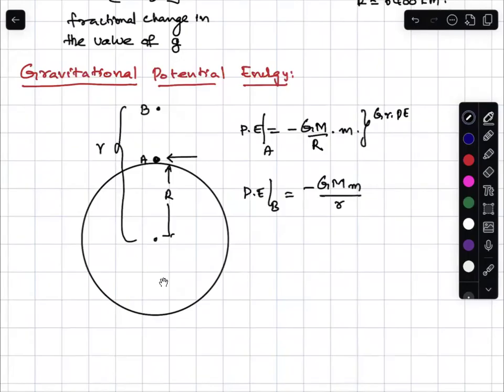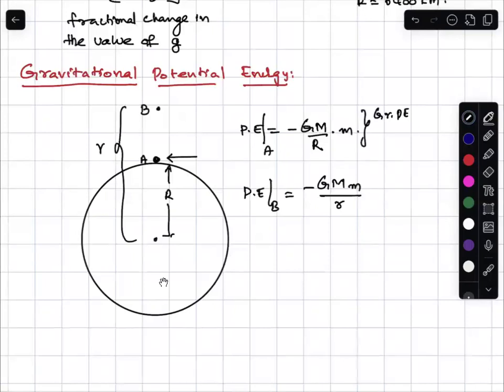So as you move up, the denominator increases, the fraction decreases, the negative term decreases. So potential energy increases. Don't think that potential energy decreases. It is a negative term. As you go to more and more height, the magnitude decreases, but it's a negative term.